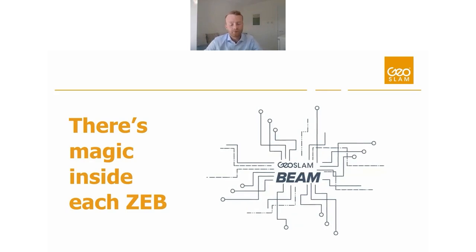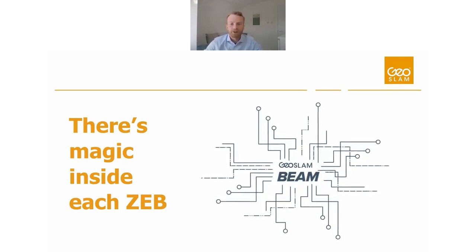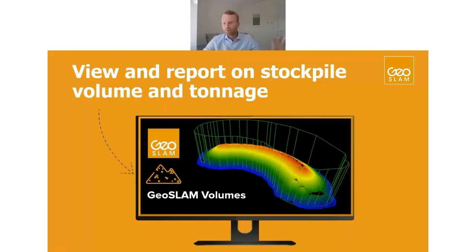So now we've learned how to capture the data, we've learned how to process the data in GeoSLAM Connect. We're now going to look at how to view the data in GeoSLAM Volumes. So GeoSLAM Connect will process and place the processed data automatically in a GeoSLAM Volumes folder, which can be listened to.